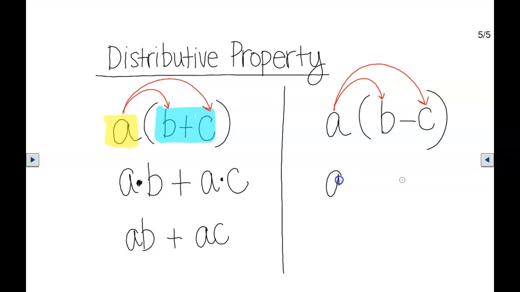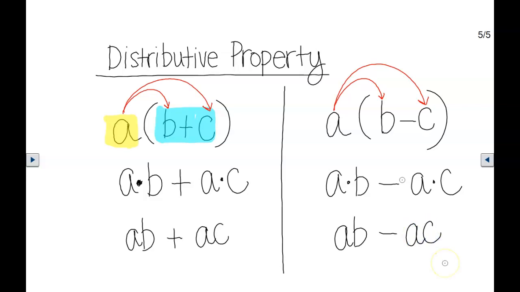So I would do A times B, A times C, and then subtract in the middle. A times B written with a dot, we can shorten up and lose the dot. A times C written with a dot, we can shorten up and lose the dot. So distributive property lets you take a number and multiply it by an entire group by multiplying that number by each member of the group.